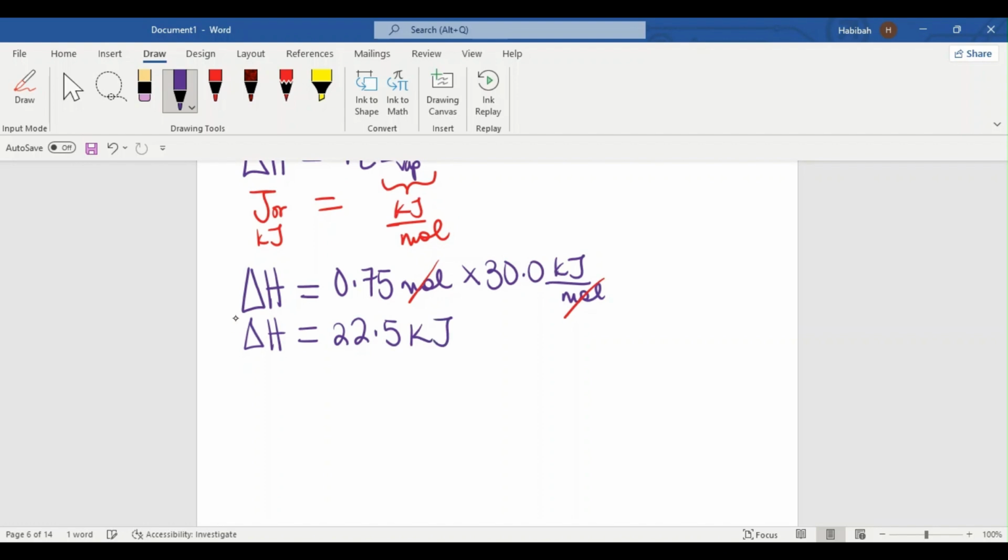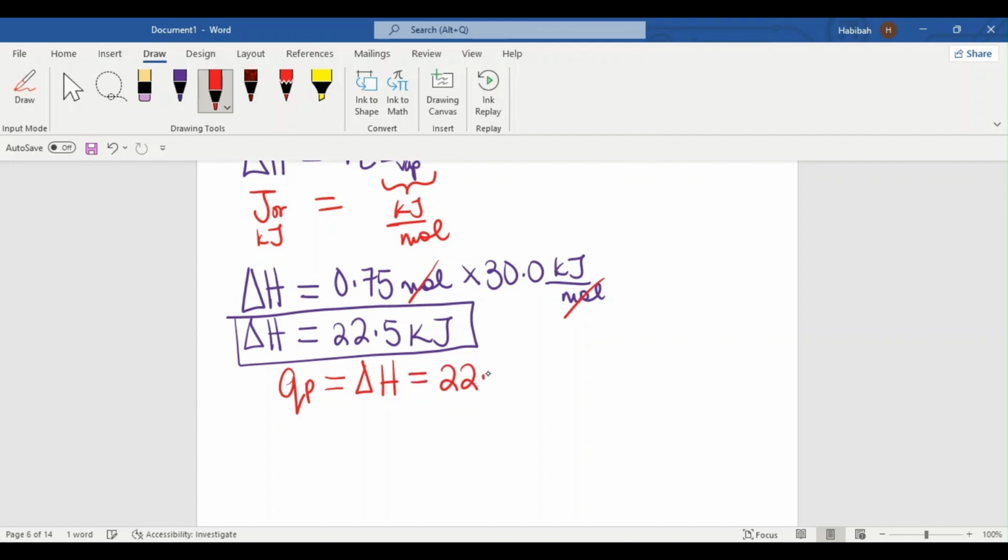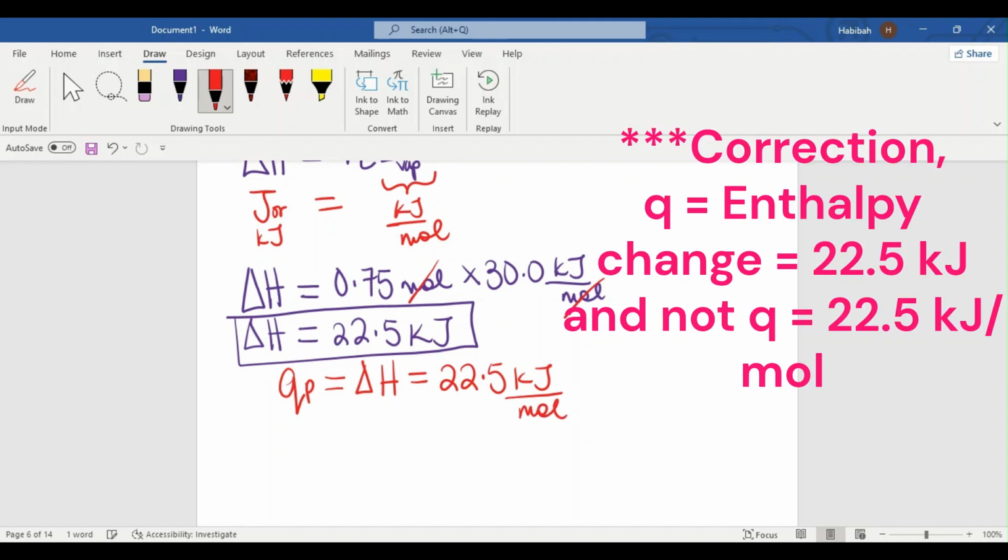That is the answer for enthalpy. And let's not forget, heat at constant pressure as well as change in enthalpy are the same value. So heat is therefore also going to be 22.5 kilojoule. We're going to stick to kilojoule and not change it back to joules. It doesn't really matter. That's just basically what we have.